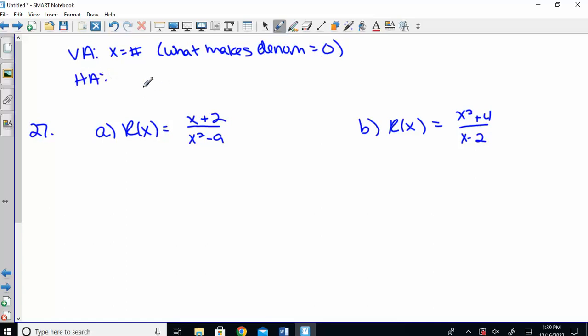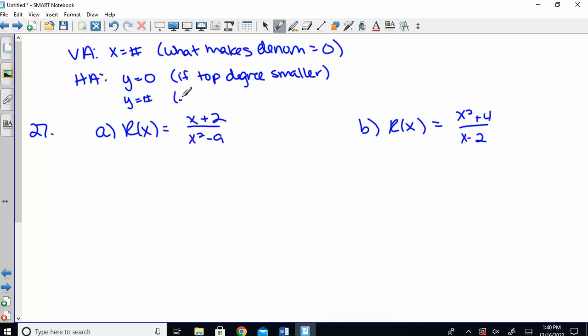All right, horizontal asymptotes. We have two cases. You get a y equals 0 if the top degree is smaller. Doesn't matter how much smaller, as long as the degree on top is smaller, it's an automatic 0.